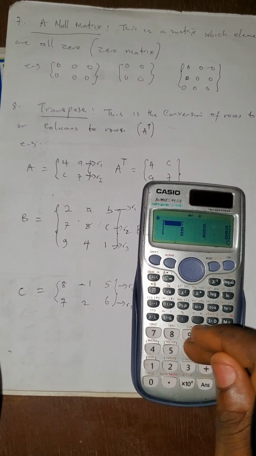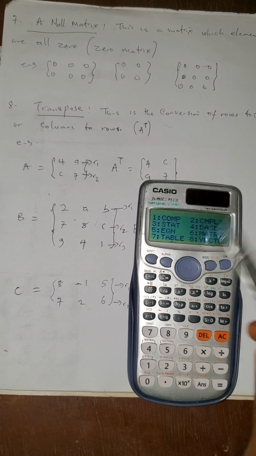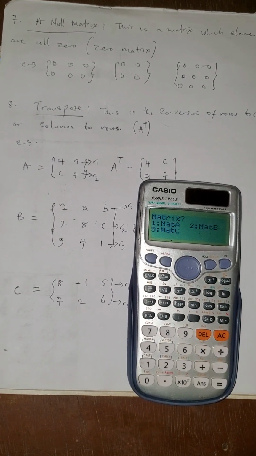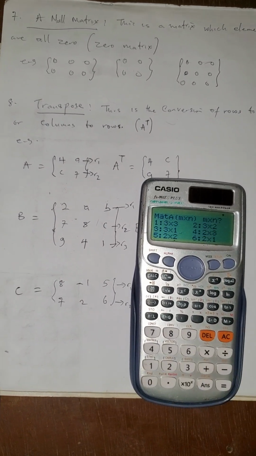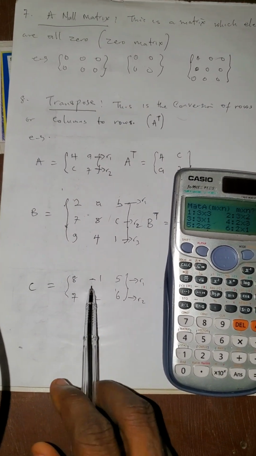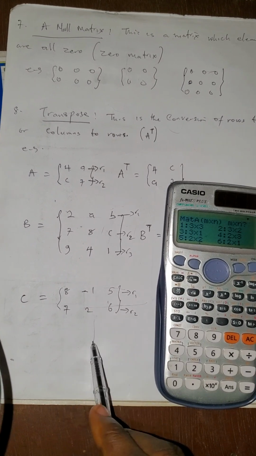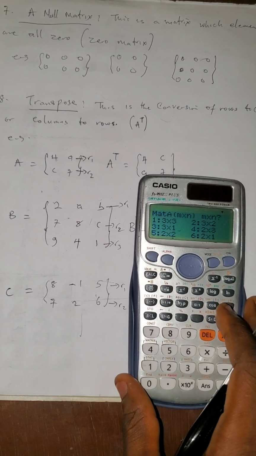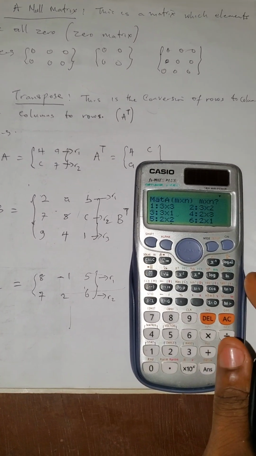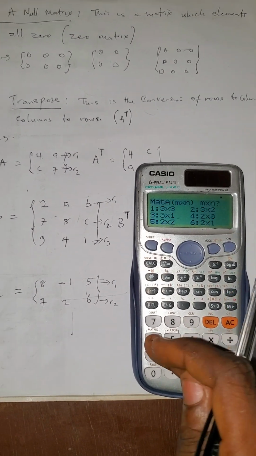Go to number 1, matrix A. Now the matrix you want to insert here is how many rows, how many columns. The rows here is 2 rows and 3 columns. You can see that will be 2 by 3, as I taught you under order of the matrix. 2 by 3, that's number 4.